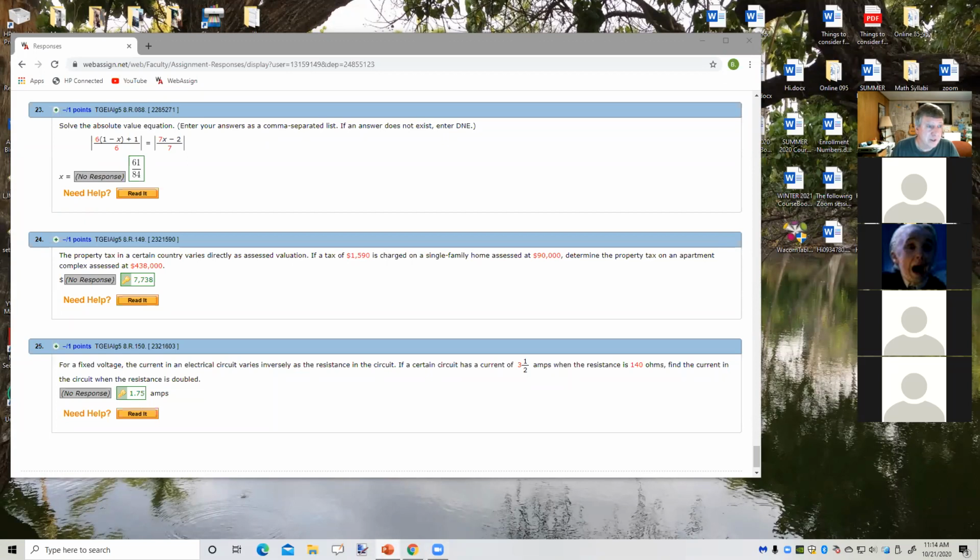We did one very similar to this earlier, different numbers, but the same idea. So I've got 6 times the quantity 1 minus x plus 1 all over 6 equals absolute value of 7x minus 2 all over 7.